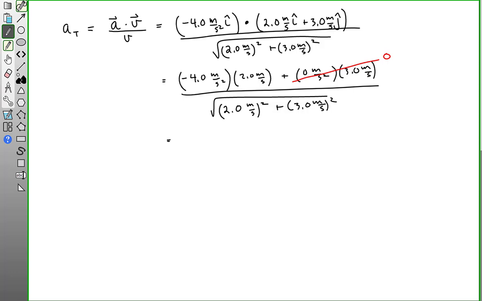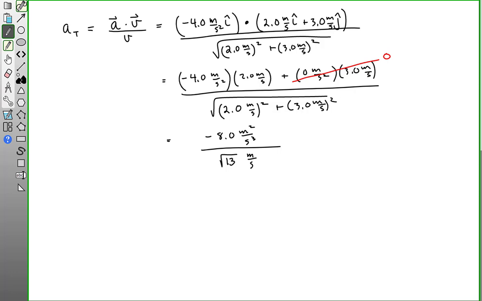When we evaluate this, we get minus 8.0 meters squared per second cubed in the numerator. And in the denominator, we get the square root of, let's see, 4 plus 9 is 13 meter per second.